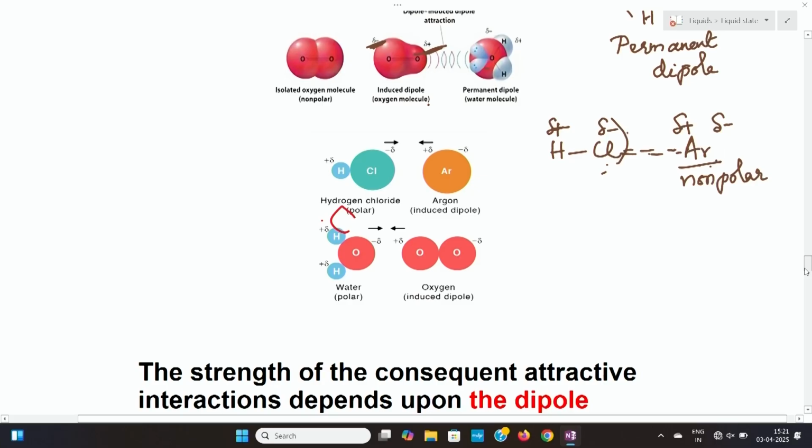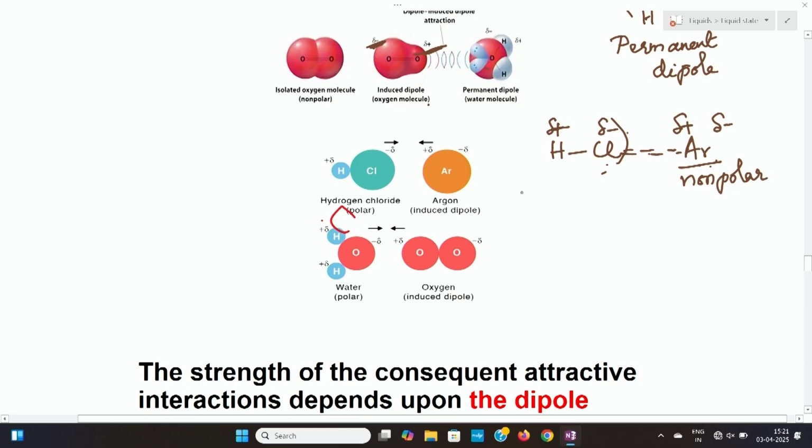Here, the strength of the dipole and induced dipole interactions depends on two factors. I hope you might have understood the factors which affect the dipole and induced dipole forces now. One is the polarity of the polar molecule. That means if the HCl molecule or the polar molecule is more strong, the electric field of that molecule can distort the electron cloud of the other nonpolar molecule.